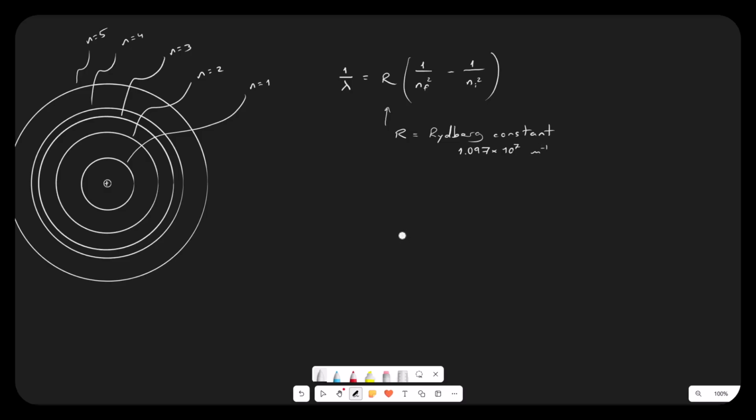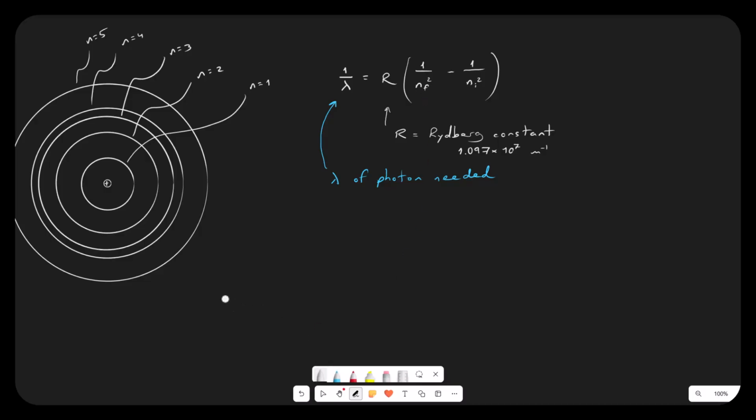This is kind of a wild formula. It gives you the wavelength of the photon needed. And these n's are the initial and final energy levels for that electron.